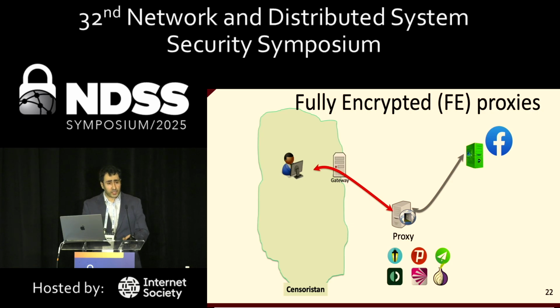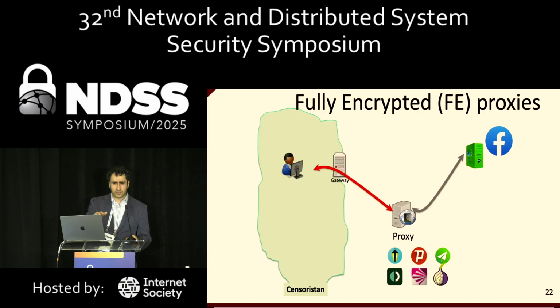So one of the key ideas that these look-like-nothing proxies use is to fully encrypt their packets. Network packets, even TLS, have some non-encrypted headers, and those have been used by the sensors or other firewalls to fingerprint traffic.